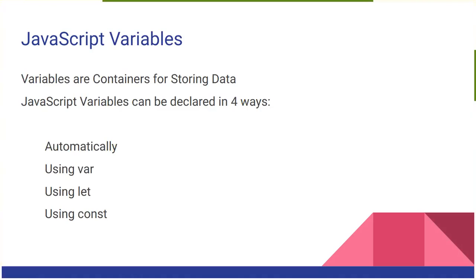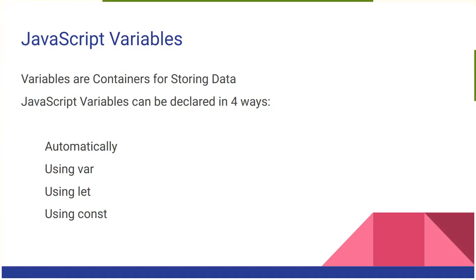Automatically means, for example, x equal to 5, which means it automatically considers the value and treats it as that type of variable. So x equal to 5 means it's a number, and x equal to "hello world" means it will be treated as a string variable.